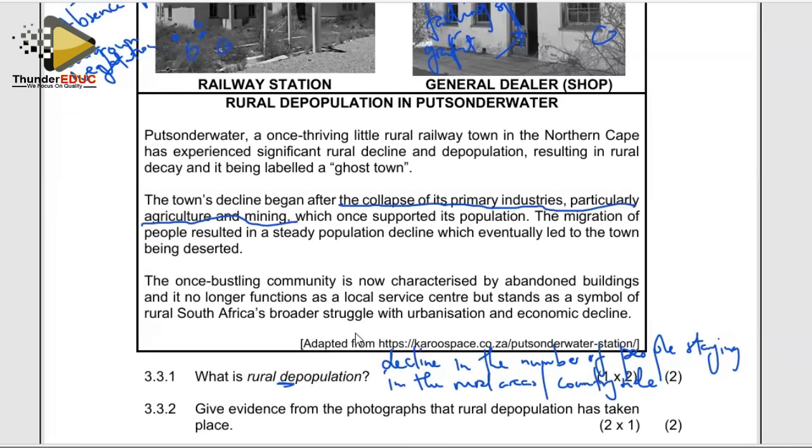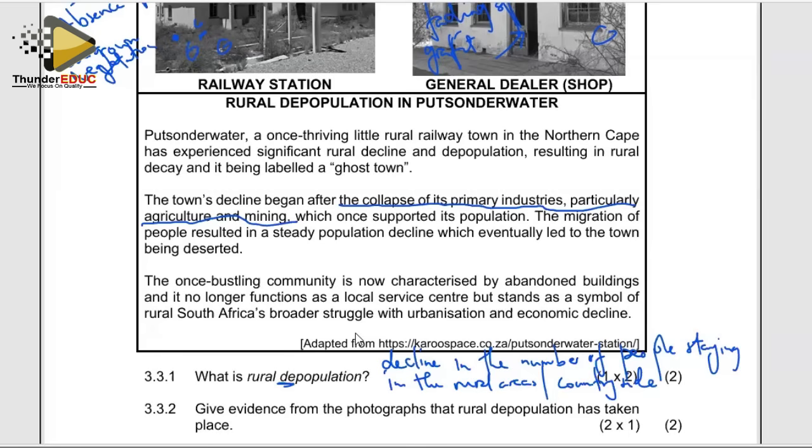That is the reason why it had depopulation. It automatically means that the people who were sustaining in that particular geographical space were reliant on agricultural activities and mining activities. Because of typical problems of climate change and other challenges, agriculture has become unprofitable for them. It's no longer viable for them. Then the only way to sustain better is to go to cities and towns. So they've decided to move out.